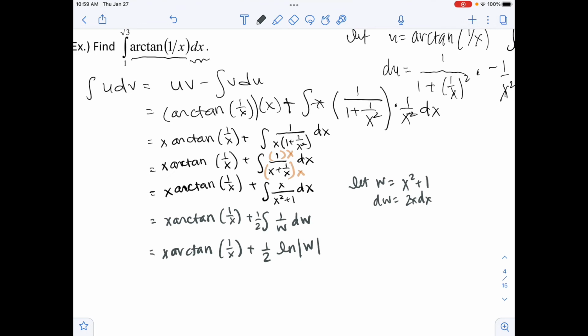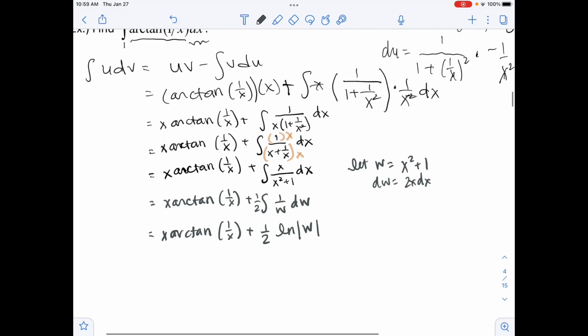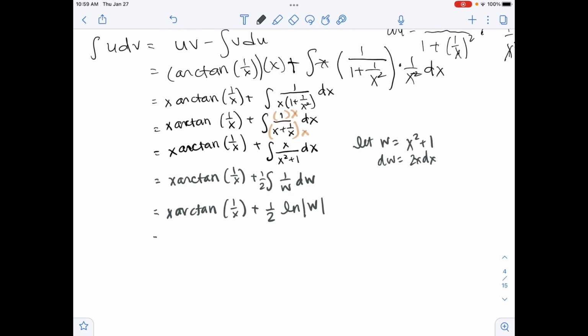Don't need to put a plus c since I am dealing with a definite integral here. And I'm going to go ahead and back substitute in what w was so I can get this whole expression in terms of x's. So I have x arctan 1 over x plus 1/2 ln of the absolute value of w, which is x squared plus 1. And technically you don't need those absolute value lines since we are dealing with an expression that's always positive.